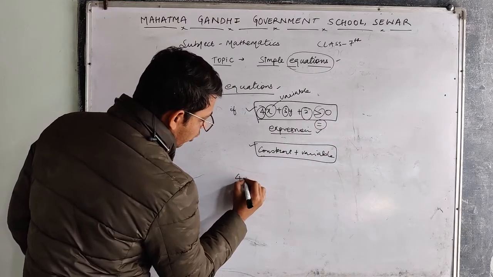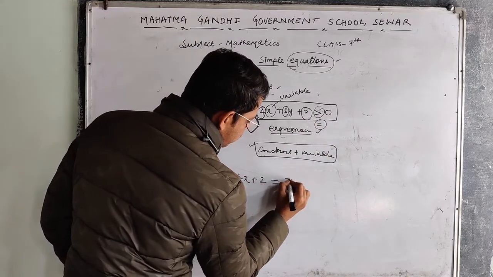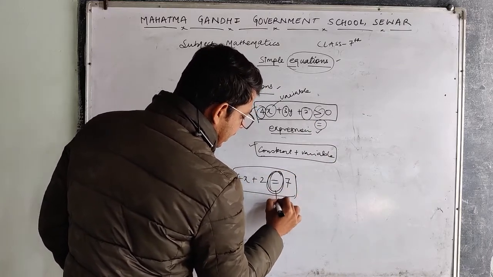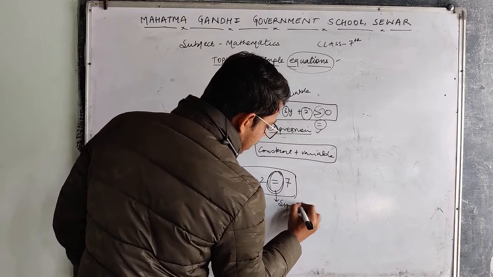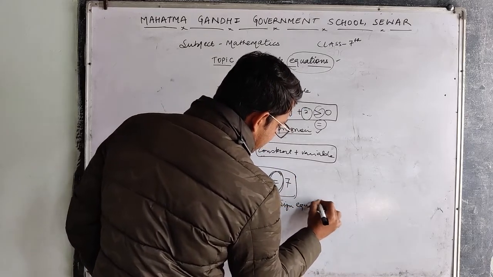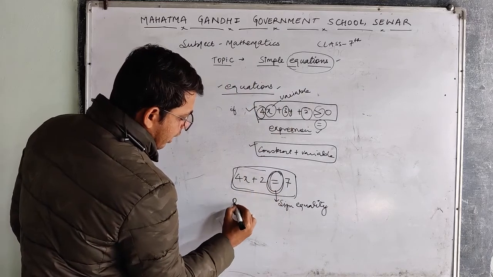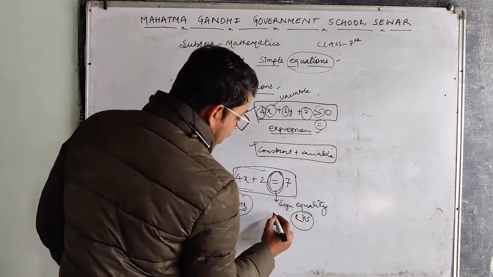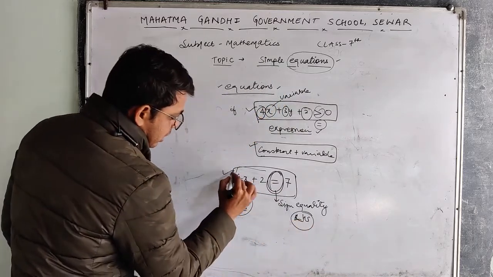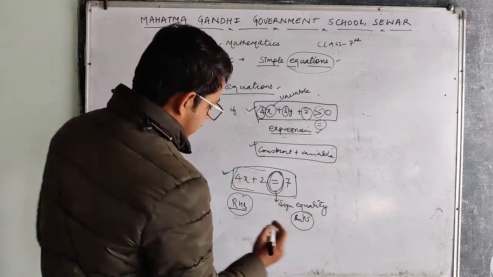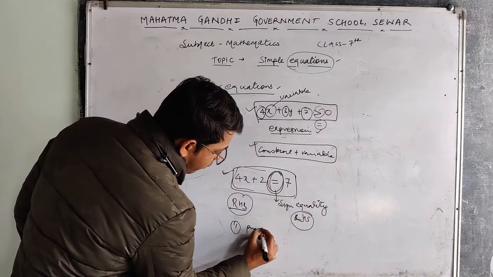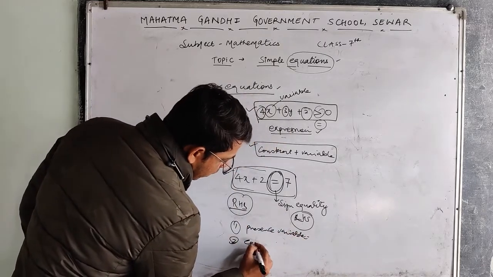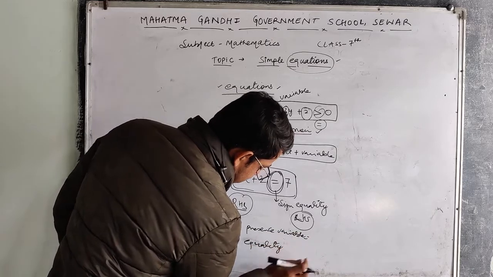If I write 4x plus 2 equal to 7, it means it has a sign of equality. This side is called right hand side, and this is called left hand side. In an equation, two things are a must. One is the presence of a variable and the other is the sign of equality.